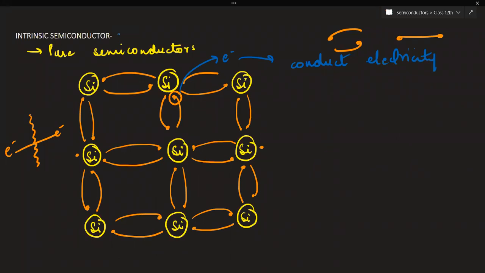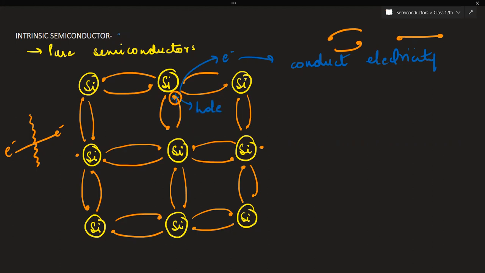Right, class? The electrons will conduct electricity. So in this case, the electrons that are getting excited will leave. Like this electron will leave. Here a positive hole will be created, a hole will be present.